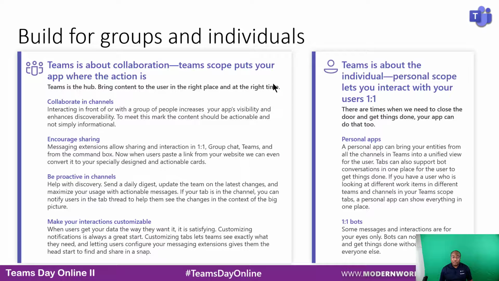Again, you can be building a solution for groups or building a solution for individuals. And what we're going to see here today in one of the demos is where you can take one action and send it to many people. Again, I'm tempted to give this away because I'm going to talk about this inside the solution overview section. But there's a lot of extensibility that you can get out of the box.